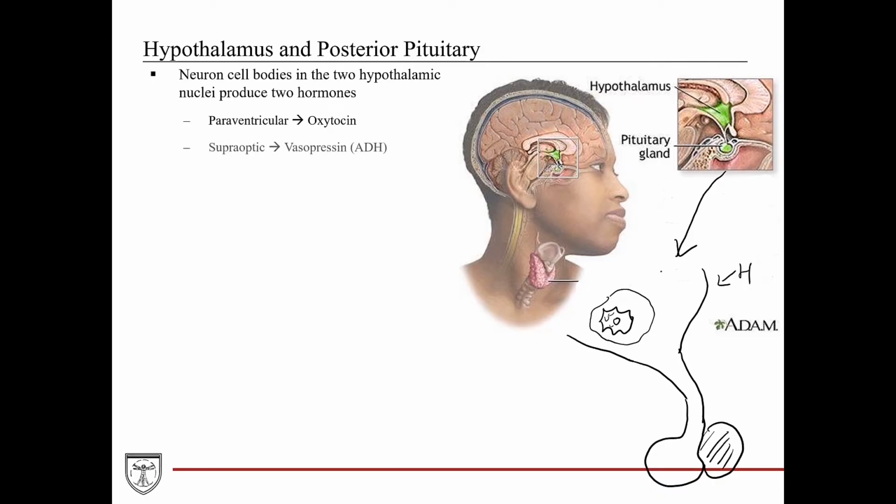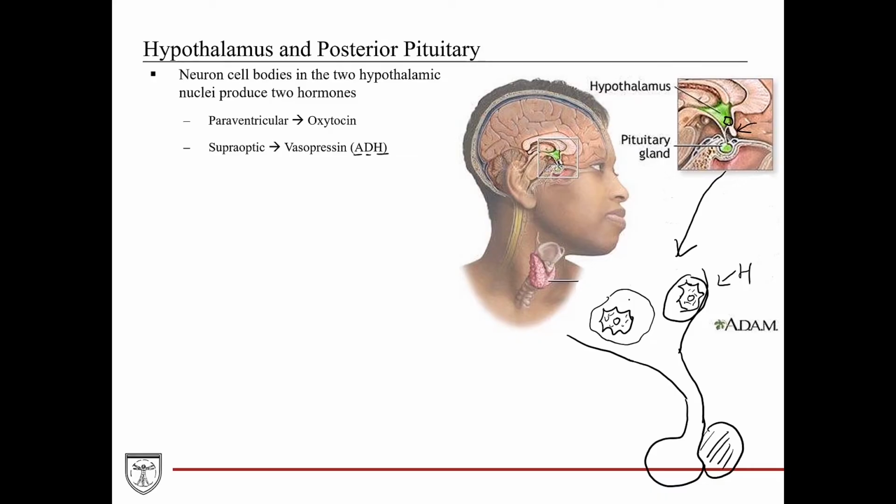And the other nucleus in the hypothalamus is physically positioned just above the optic chiasm. So this nucleus is called the supraoptic nucleus. This structure too hosts a lot of the neuron cell bodies that primarily produce the hormone called vasopressin, which is also known as the antidiuretic hormone or ADH.